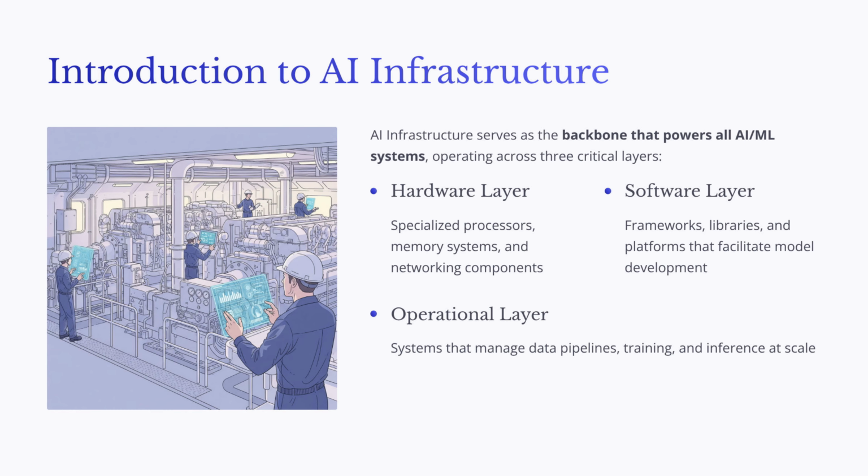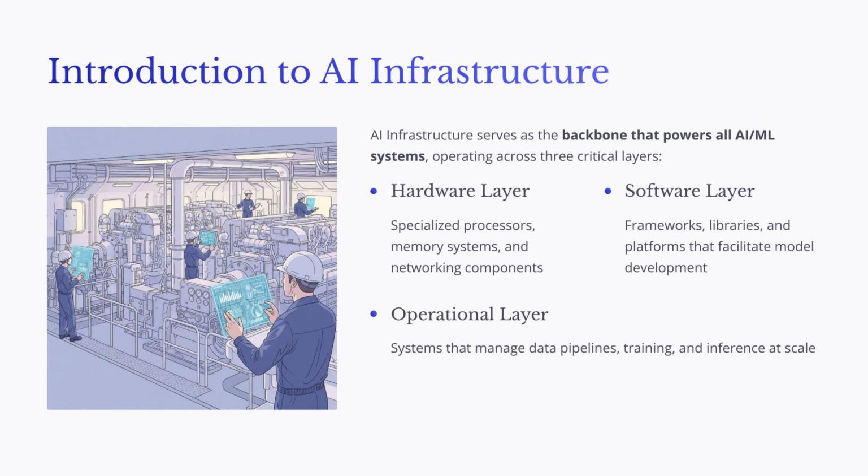Above that lies the software layer, the frameworks, libraries, and platforms that translate mathematical theory into working models. This includes TensorFlow, PyTorch, CUDA libraries, and distributed training toolkits. Finally, at the top, we have the operational layer, the systems that orchestrate, monitor, and secure large scale AI pipelines.